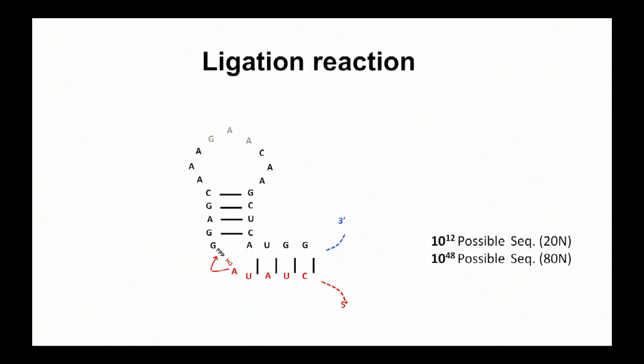So this large piece of RNA acts both as an enzyme and as a substrate. It's a little bit of a weird reaction. It's a single turnover reaction, but why this is so, you'll see very shortly.